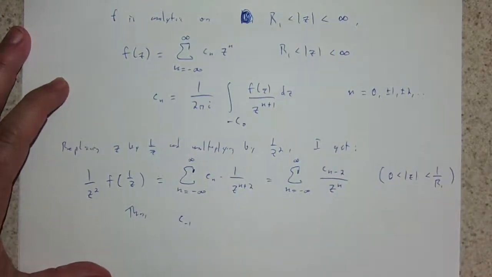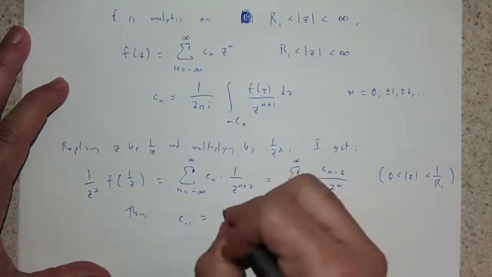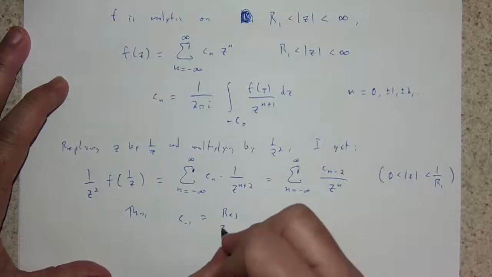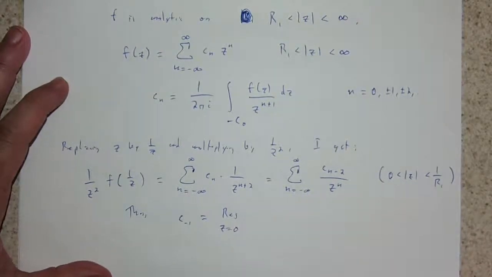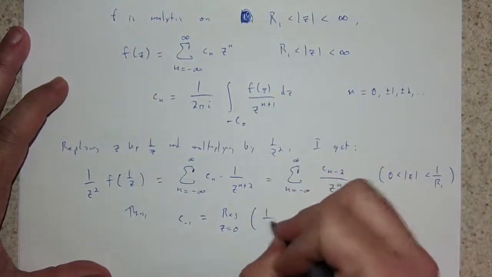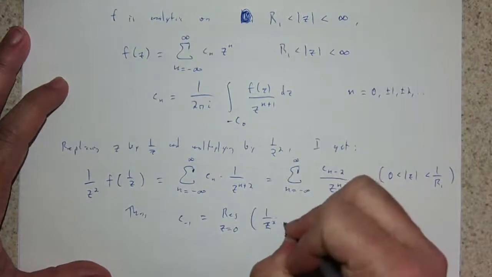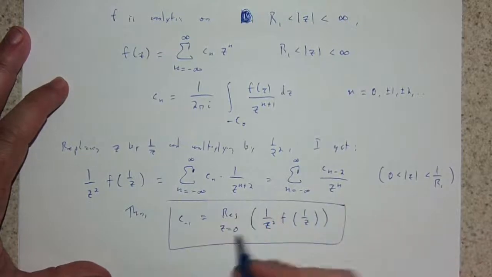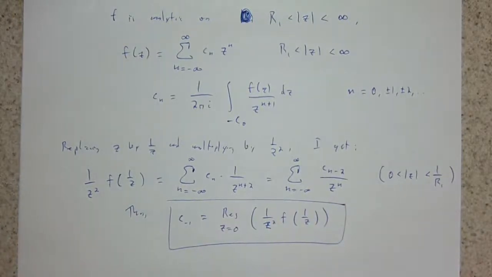So this c sub minus 1 is the residue at z equals 0 of 1 over z squared f(1/z). And so the way that we can compute this residue here, the residue at infinity, is the residue at 0 of this thing. This is our way of plugging in infinity here.